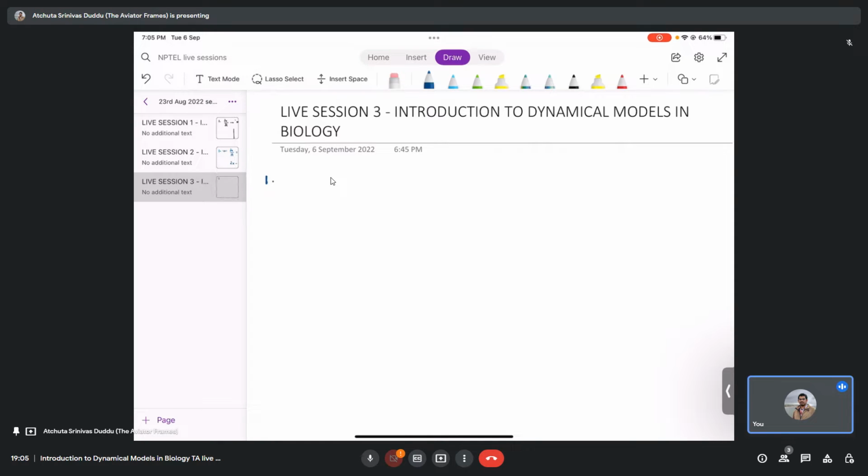So the first question says, for an ODE dx/dt = ax - x², we draw a bifurcation diagram. What are the axes, horizontal and vertical, for the diagram? So how do you draw a bifurcation diagram?